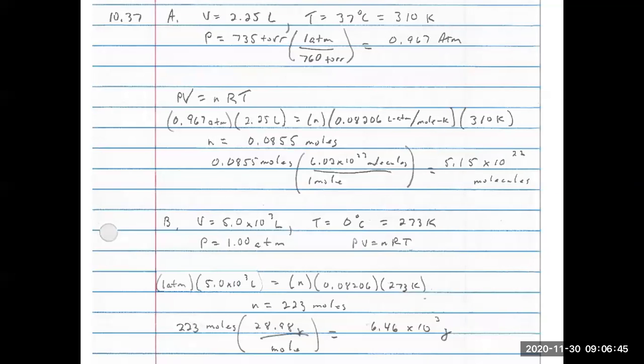So if we have 223 moles, we want to convert that to grams, we can use this molar mass, this molecular weight value, and by having the grams value in the numerator, moles value in the denominator, then we look at our dimensional analysis and we get the moles canceling each other, and we're left with units of grams. And so if we go ahead and do that math, we get 6.46 times 10 to the third grams.